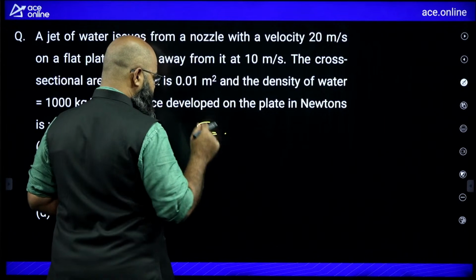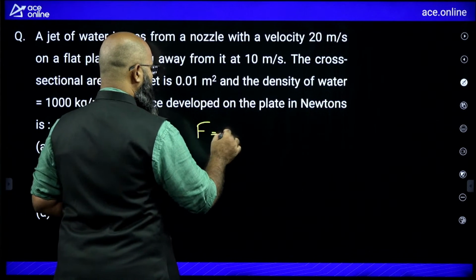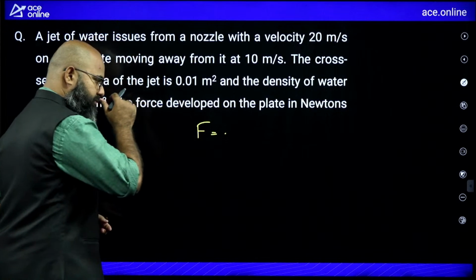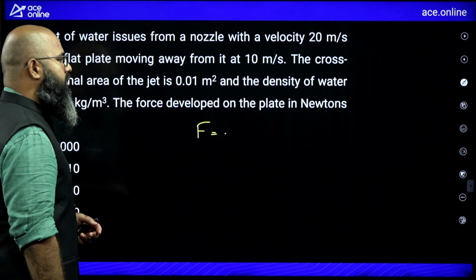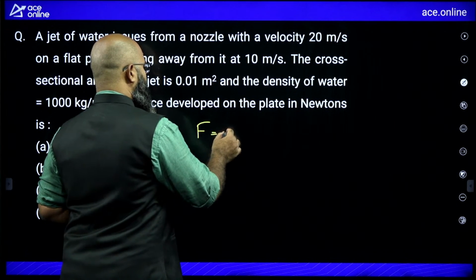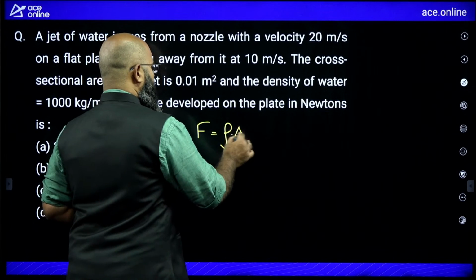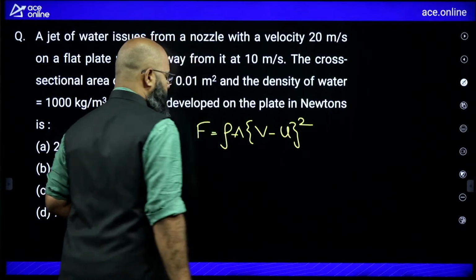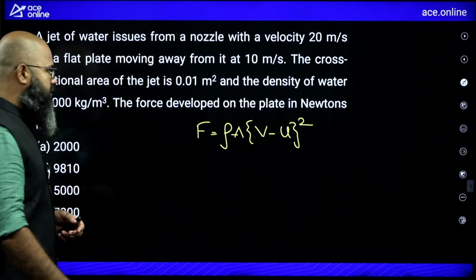Force over here will be equal to rho into A into V minus U whole square.